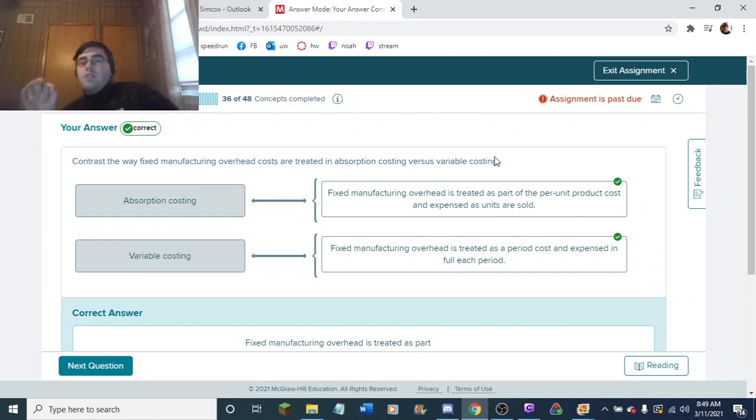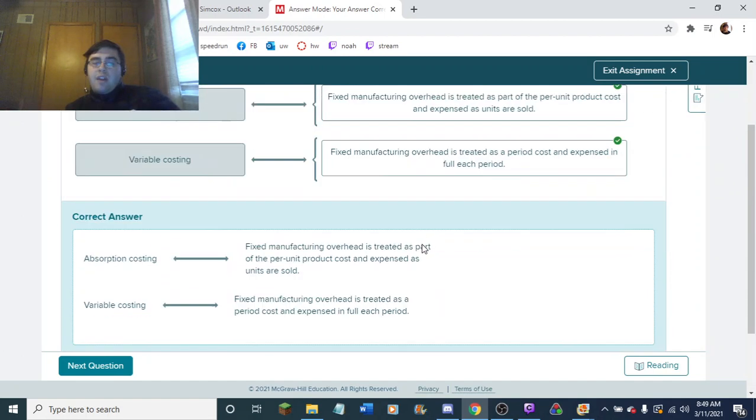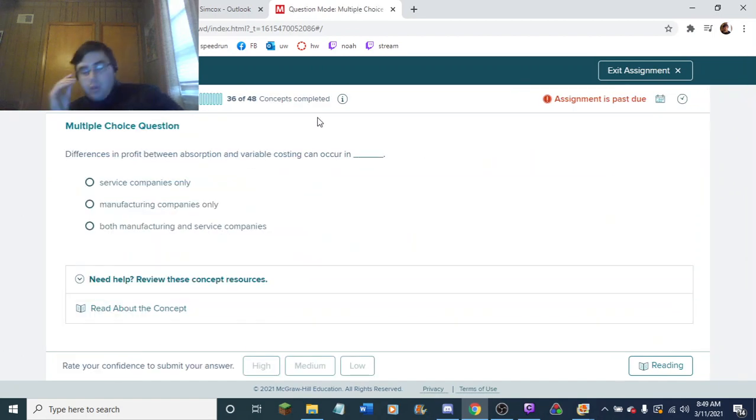So in absorption, you expense the fixed manufacturing overhead as units are sold. That's the thing I was confused about, I think. And in variable costing, they are expensed in full each period. Yeah, I was confused about that for a few questions. Okay.